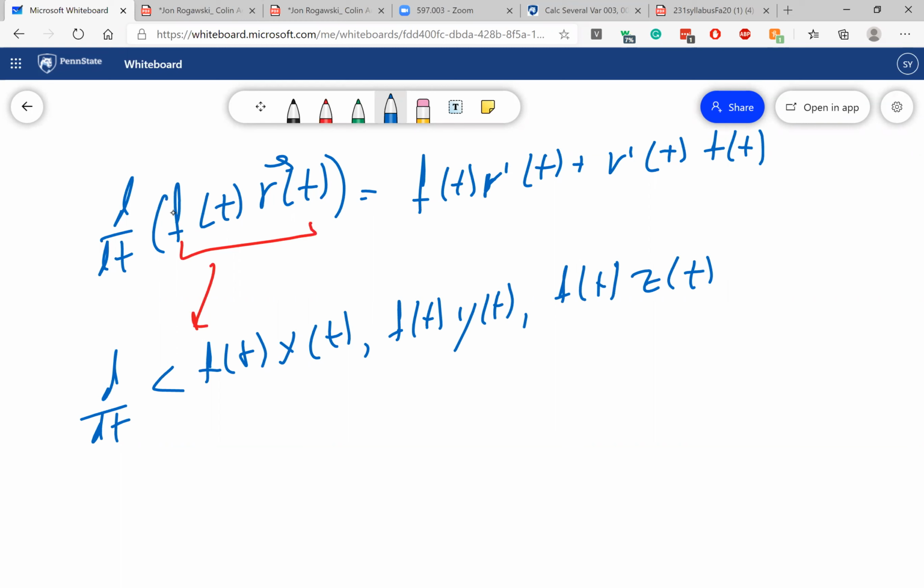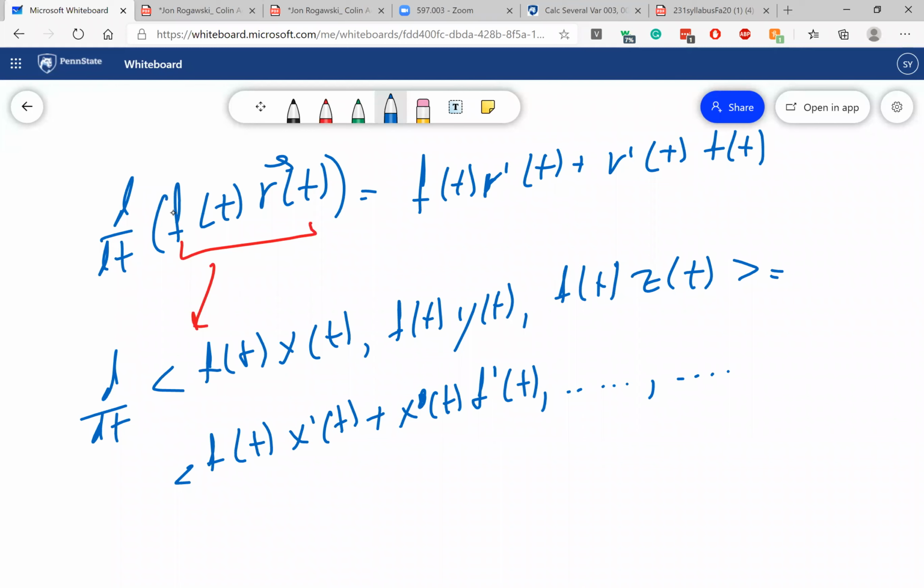And now the derivative in each component is going to get us f of t x prime of t plus f prime of t x of t, and the same in the y coordinate and in the z coordinate.